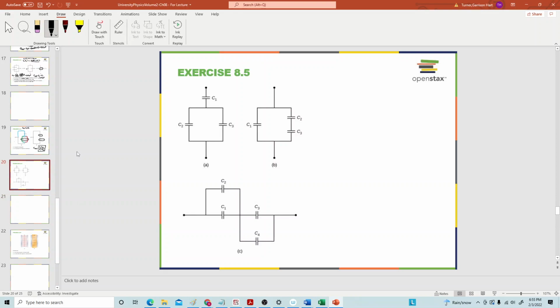But let's look at these. This particular branch, for circuit A here, is very similar to the one we just saw. I have a junction here, and I have a junction here. So I have one path this way, and another path this way. So C2 and C3 are going to be in parallel.